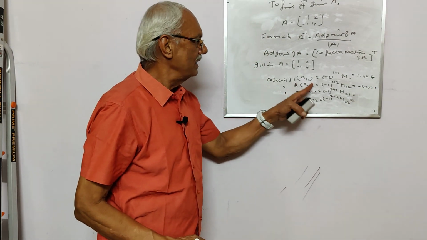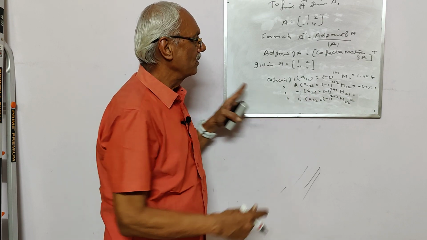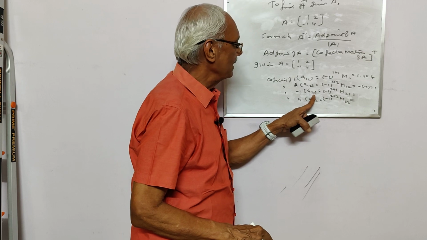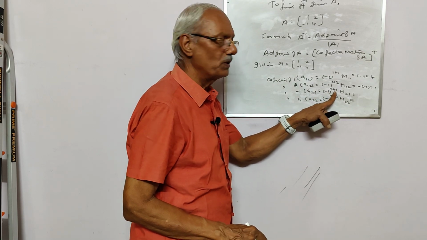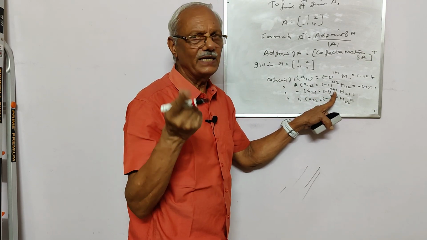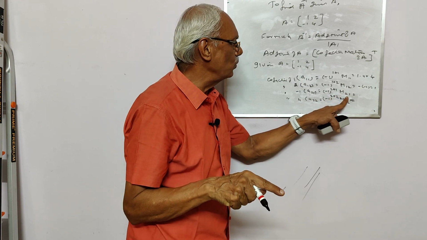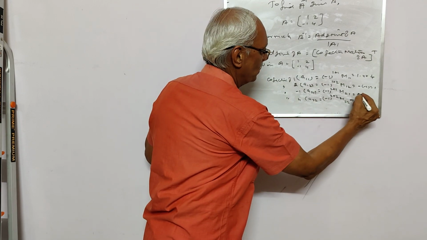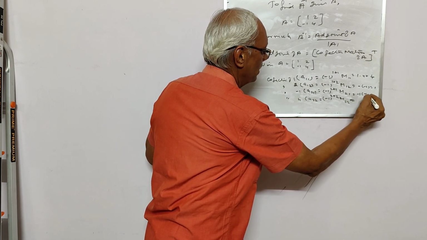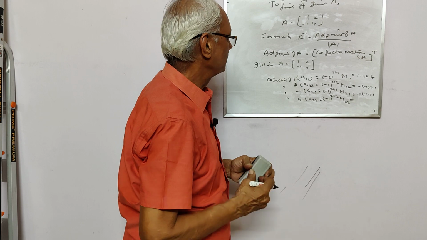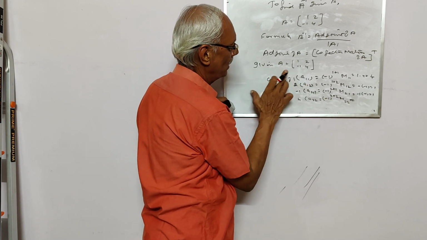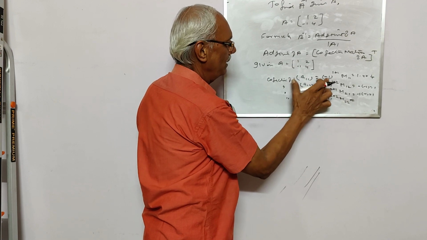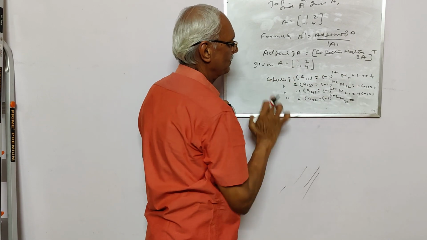Then come to the next one, A21. What is your A21 here? It is minus 1 to the power of 2 plus 1, and 2 plus 1 is 3, so it is again minus. What is your M21? It is minus 1. So minus into minus 1 will be plus 1. Let me explain once more.